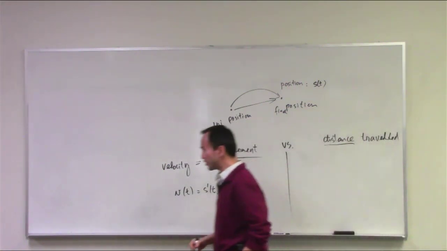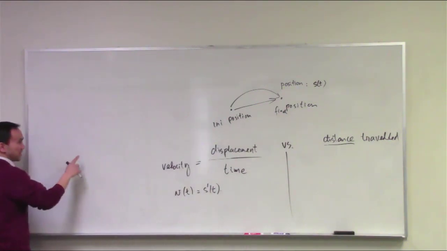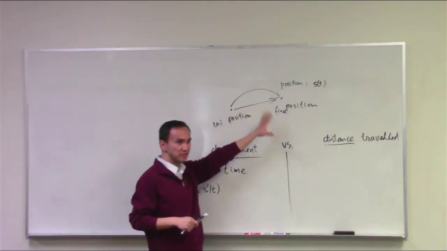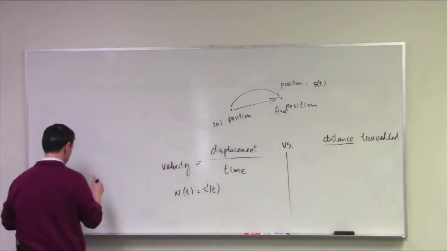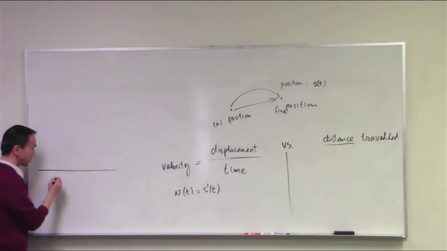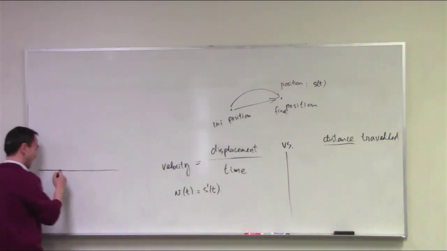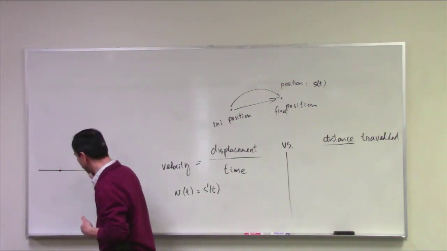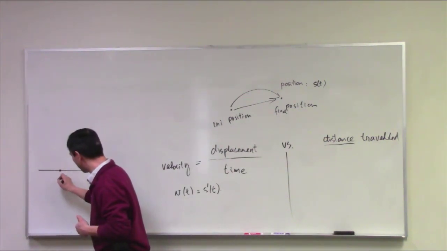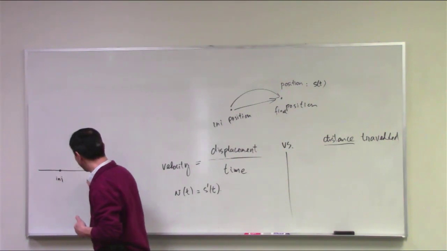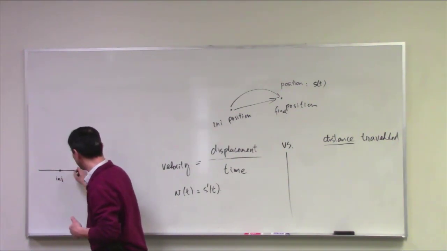Think about a situation like this. I pointed out two points in a plane, but even in a simpler situation, you have a point on a line right here, and you move to another place right here. From the initial point to the ending point, you get a displacement.